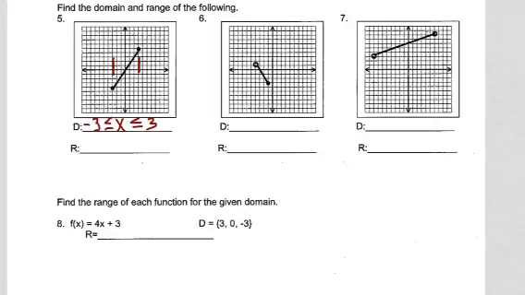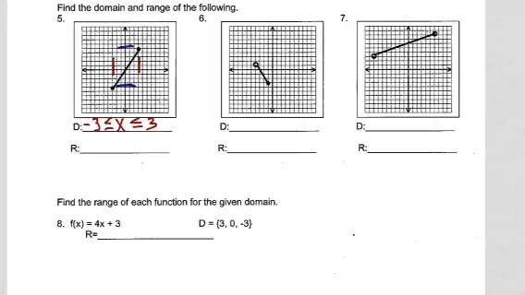Now looking at the range. On the range, it's where it crosses the y at the bottom, its lowest point, and where it crosses the y at the top, its highest point, from least to greatest.